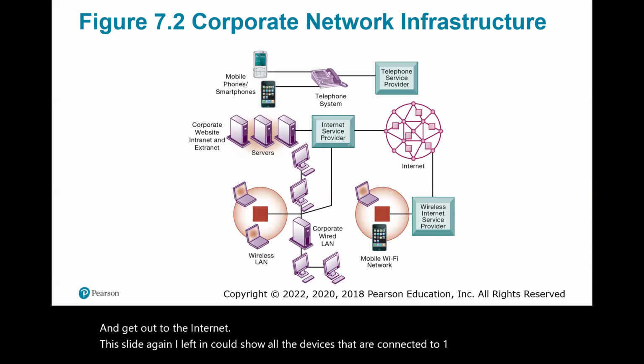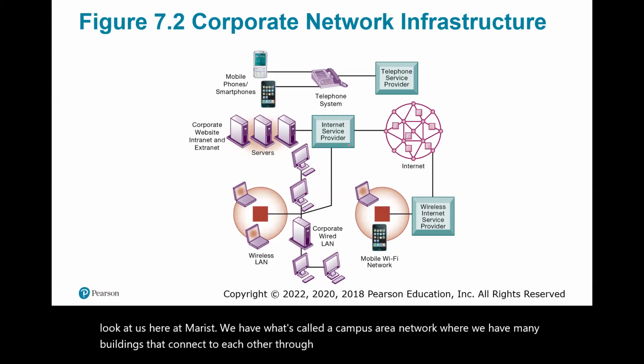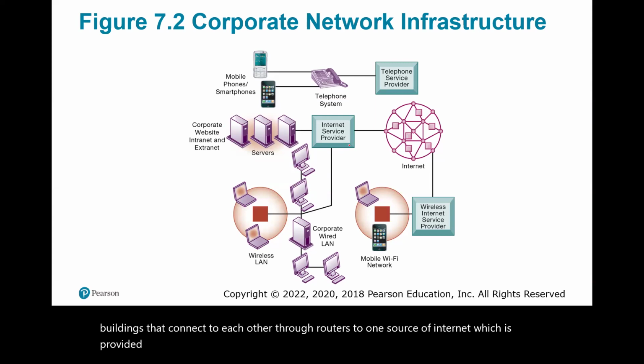Let's take a look at us here at Marist. We have what's called a campus area network, where we have many buildings that connect to each other through routers to one source of internet, which is provided to us by Crown Castle.